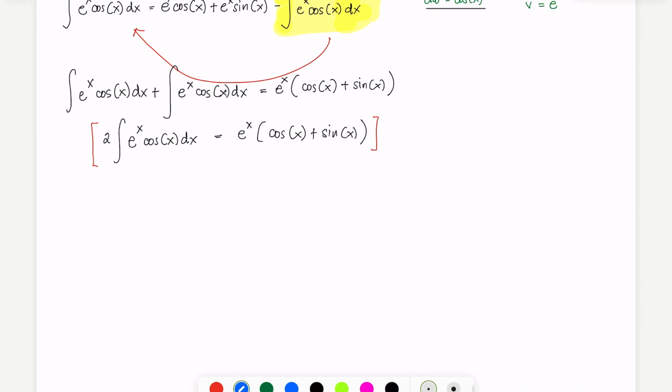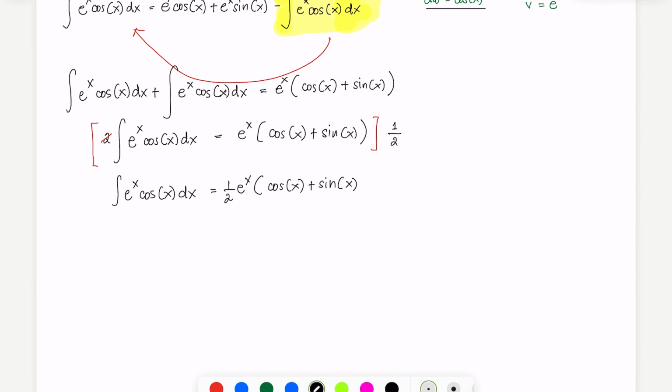And clearly I can do that by multiplying both sides of the equation by, of course, 1/2. Because if I multiply both sides by 1/2, this will cancel out, leaving us with the integral of e to the x cosine of x dx, which is what we are looking for in the first place. So that means 1/2 will be multiplied to the other side. This will become 1/2 of e to the x times cosine of x plus the sine of x.